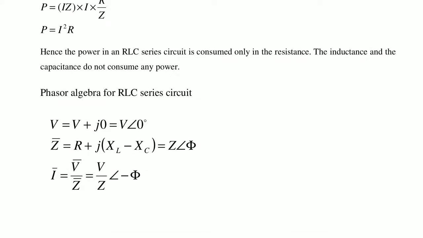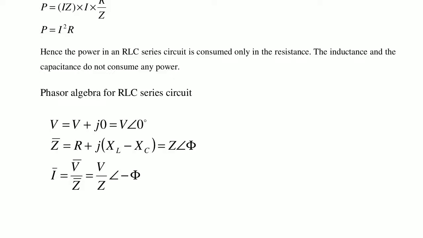Now phasor algebra for the RLC series circuit. V bar is equal to V plus j0, which in rectangular form can be converted into polar form. The polar form is V angle of 0 degrees.